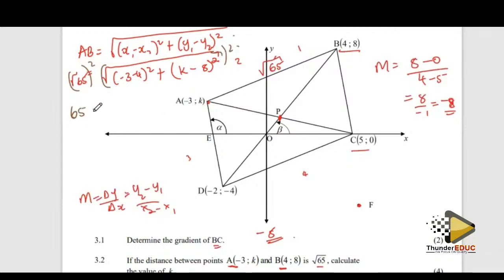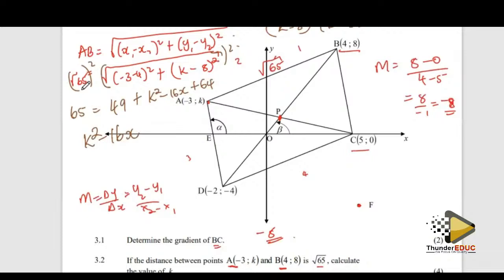So I have 65 is equal to minus 3 minus 4. It's going to give me negative 7. I square that, I have a 49. When I open this up, I can use my FOIL, K minus 8 and K minus 8. So that's K squared minus 16K plus 64. I'm going to regroup this and create what we call a standard quadratic. So I have K squared minus 16K, 49 and 64 is 113.